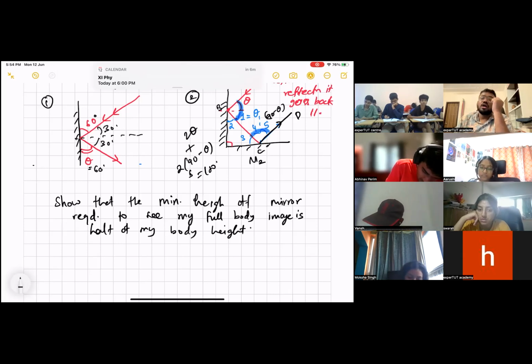Show that the minimum height of mirror required to see my full body image is half of my body height.